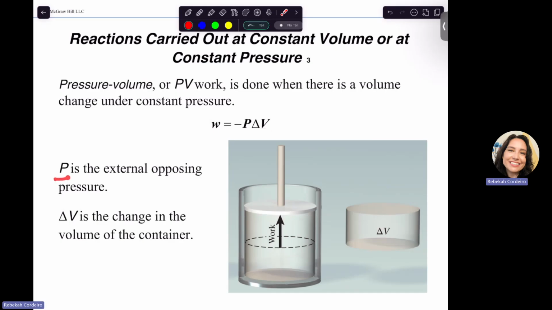The pressure here is the external opposing pressure, whatever the atmospheric pressure is that's pushing down on this, and the work is pushing against it. So that's why we're doing the negative here. And that change in volume is also usually pushing out. So work is related in this equation.